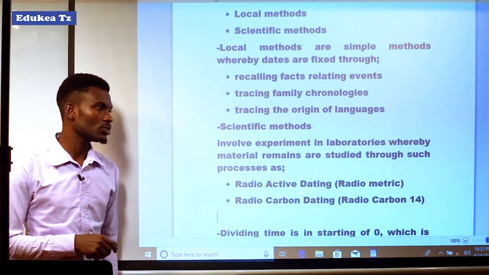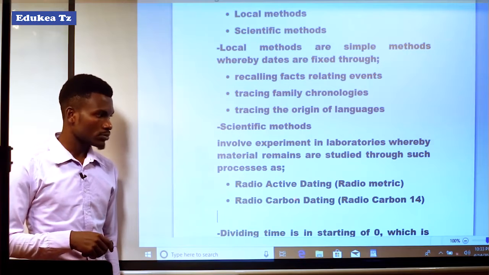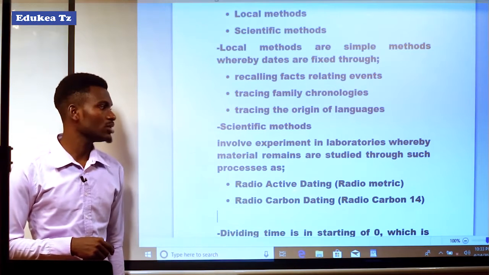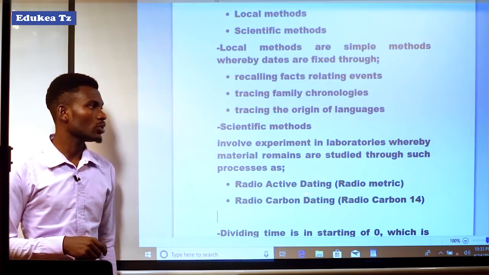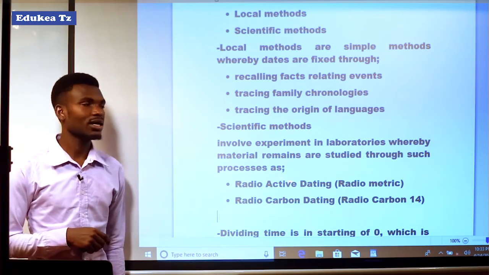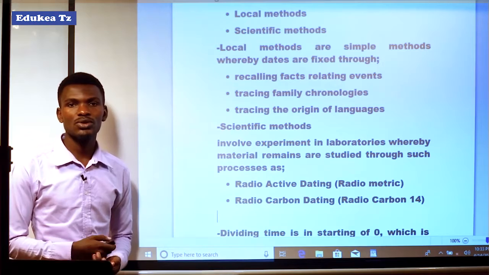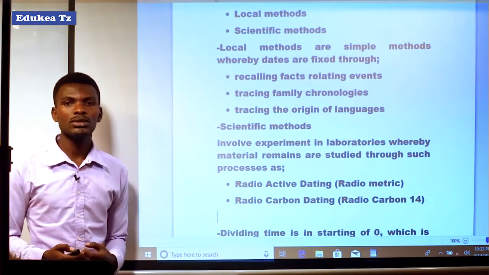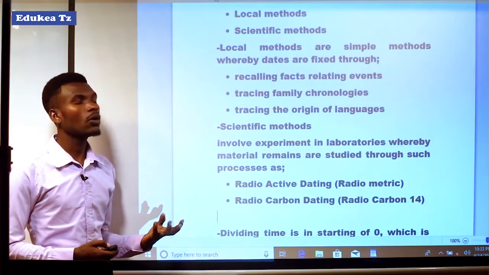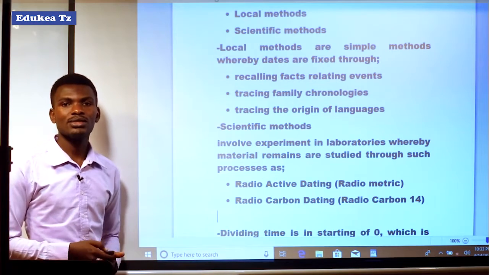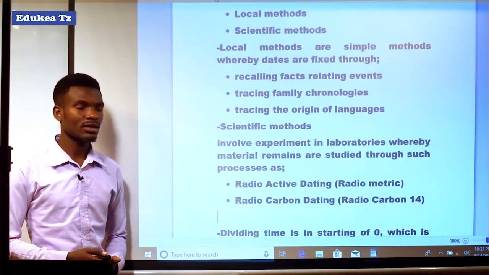These are the instruments or techniques used to determine dates under scientific methods, while in local methods the local techniques are used in determining the date.